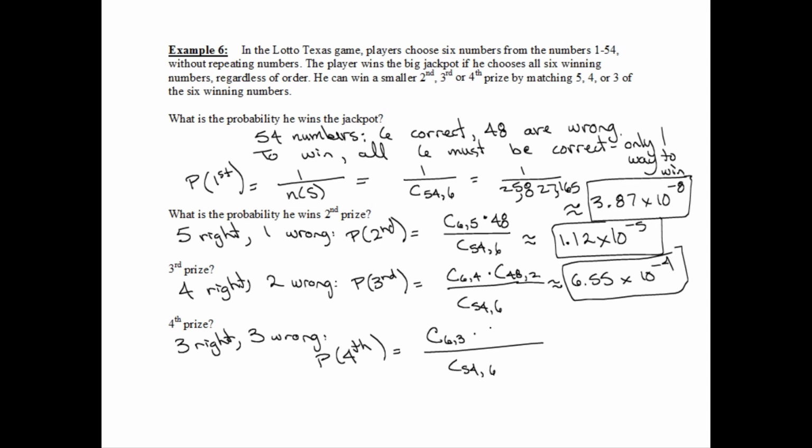Combination 6, 3. Now we're going to choose 3 from the 48 wrong numbers. So we get combination 48, 3. And so this turns out to be about 0.0134 for our probability. So once again, more likely than the ones before, which you would expect, and it's going to therefore have a smaller payout.